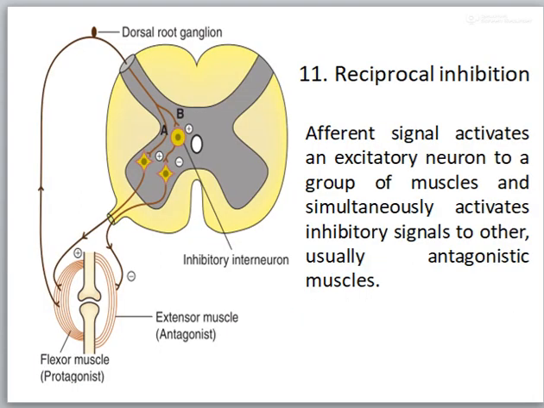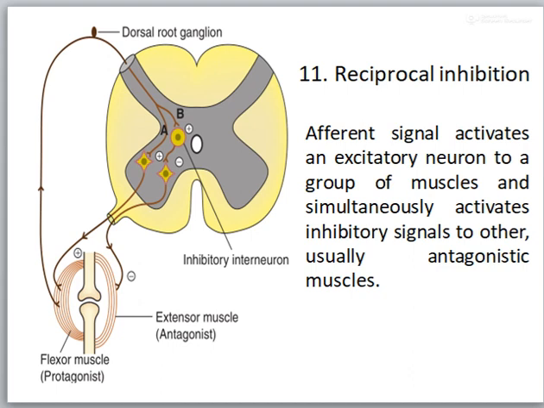The next property is reciprocal inhibition. What is reciprocal inhibition? If any afferent signal activates an excitatory neuron to a group of muscles, it simultaneously activates an inhibitory signal to the other, usually antagonistic, muscle. This is called reciprocal inhibition.